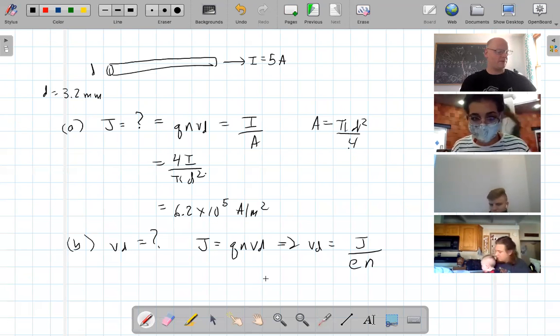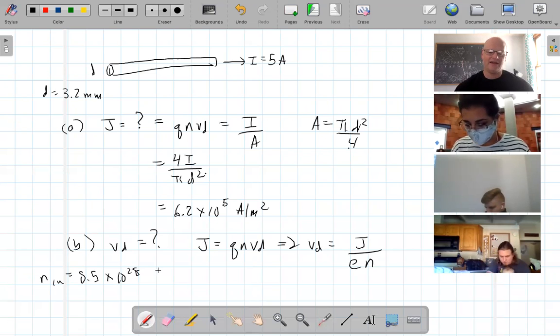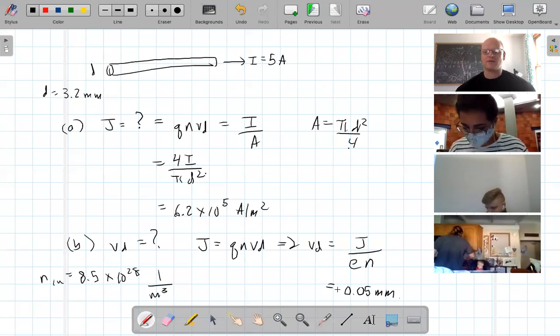From here, we just have to look up the number density. The number density for copper is equal to 8.5 times 10 to the 28th electrons per meter cubed. Plugging all that in, we find that the drift velocity works out to be about 0.05 millimeters per second. So this is our drift velocity.